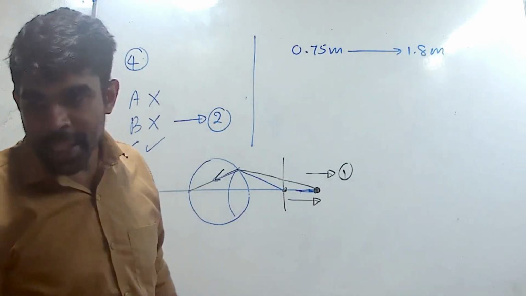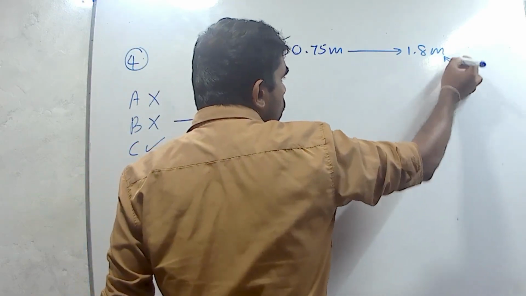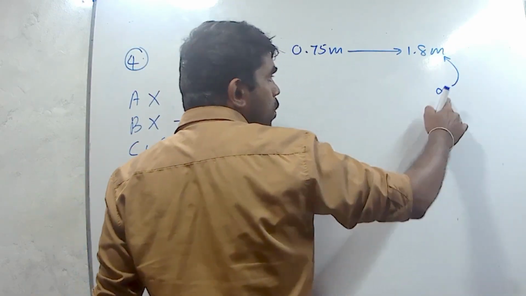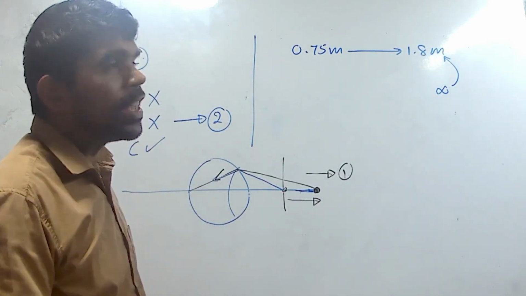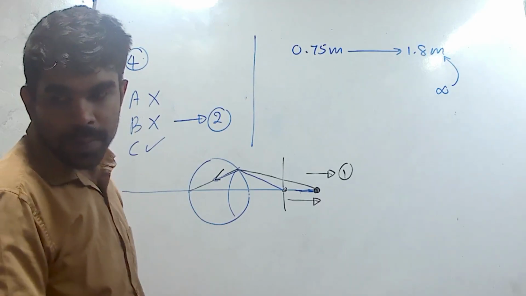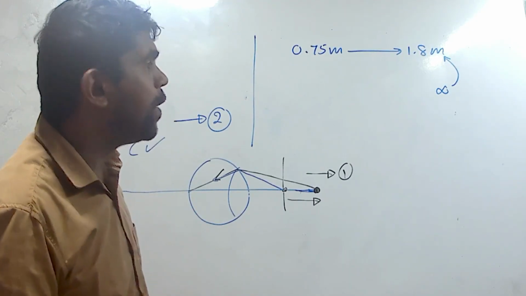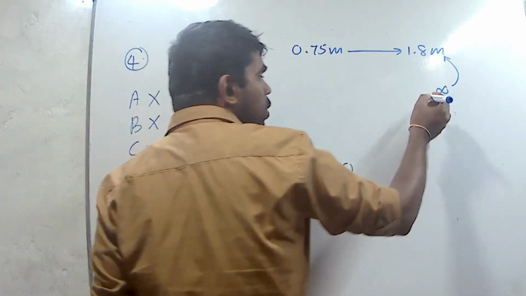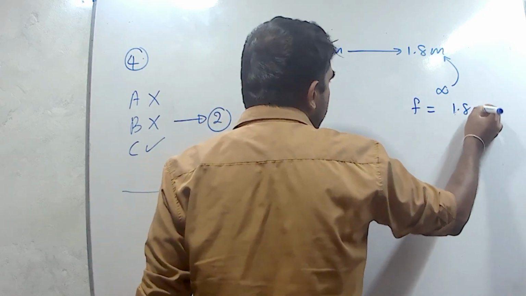To see infinity, an object at infinity should form an image at 1.8 meters. Therefore, he can see infinity by using a lens with 1.8 meters.